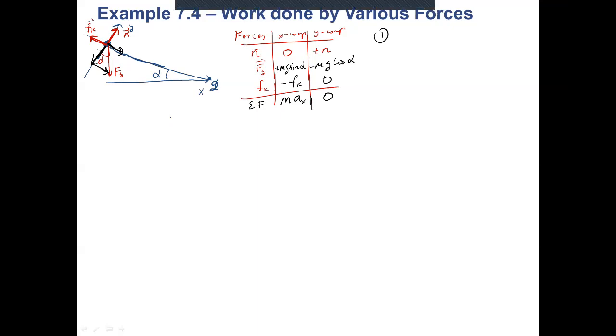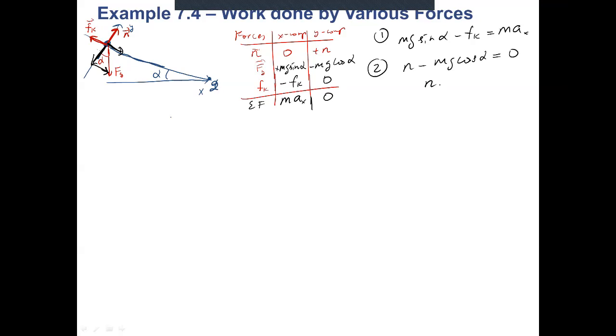In the X direction, I'm going to get mg sine of alpha minus f of k equals mass times acceleration. Equation 2: normal force minus mg cosine of alpha equals 0.